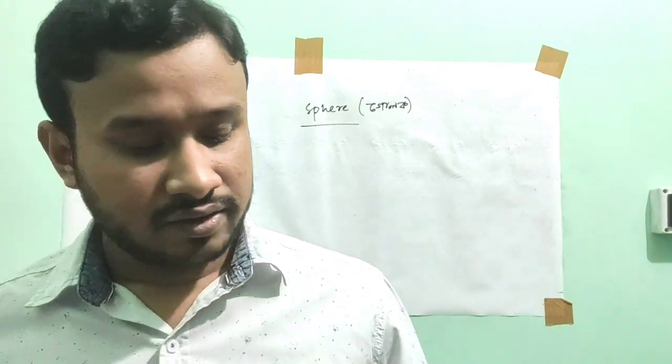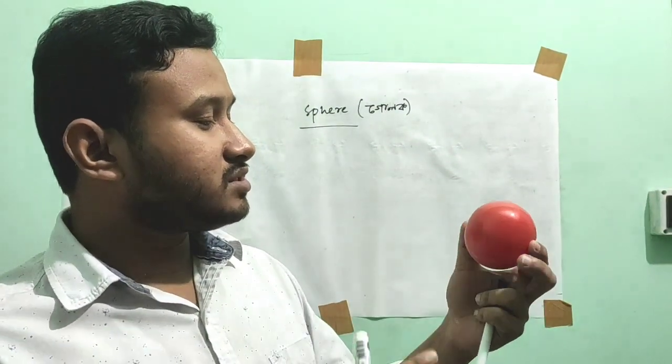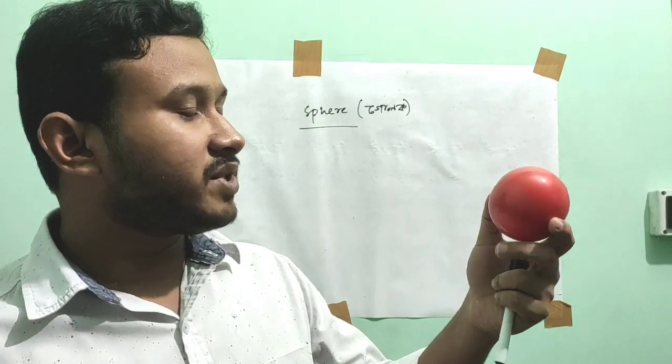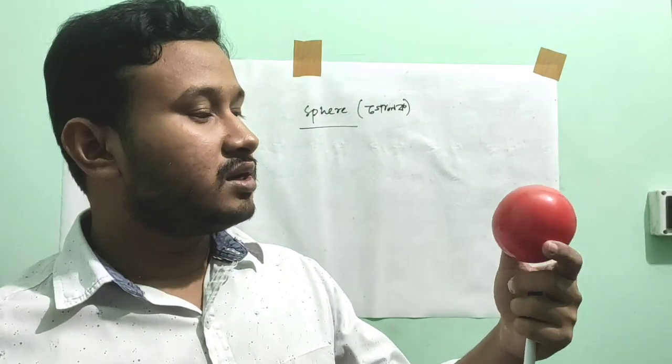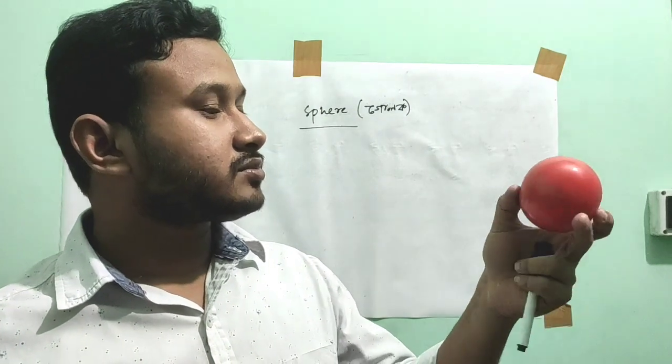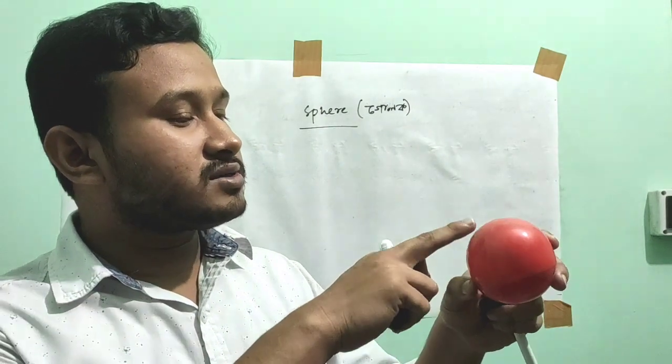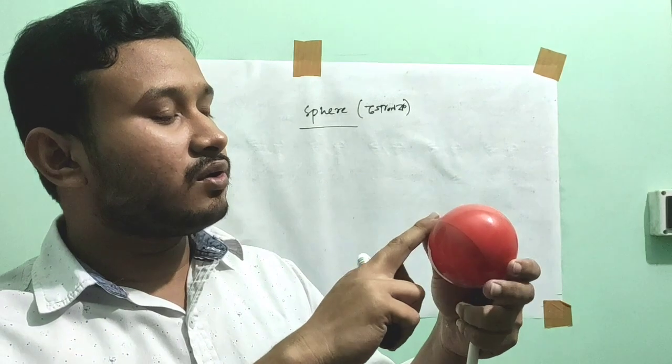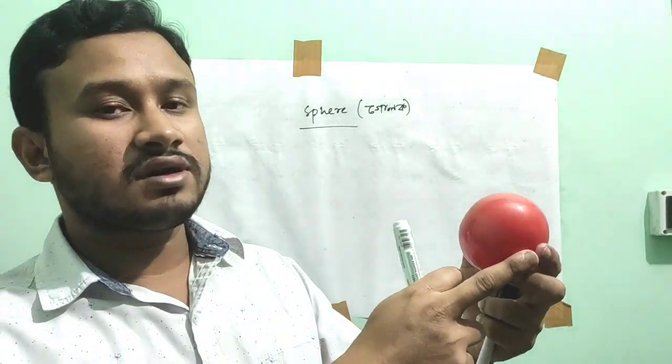Here I have a plastic ball, which is actually of spherical shape, and this is the actual shape of a sphere. Okay, as you can see, this is the surface area, and we call it the curved surface.